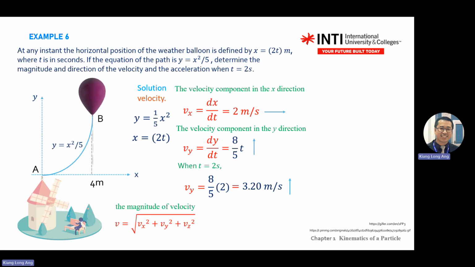You need to polish up your differentiation. What is the Ay? When your Vy equal to 8/5 t, what is your Ay? What is the definition of A? dV dt. Answer is 8/5. Unit meter over second square.